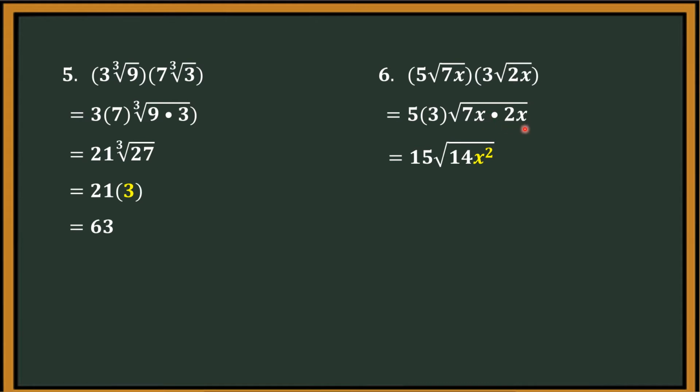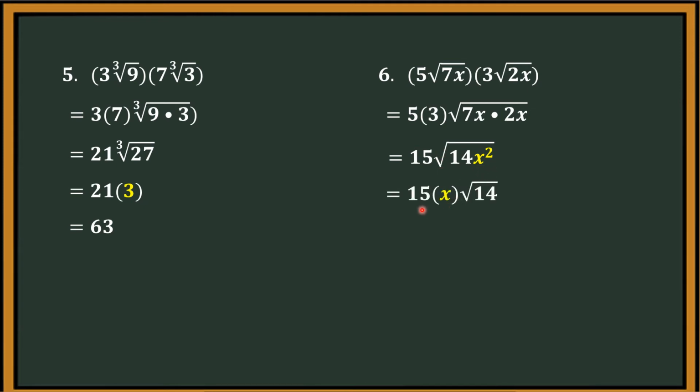So since same x sila, therefore, we just copy x and then we're going to add their exponents. So, that is why we have here 2. And then, mapapansin nyo, si x squared is a perfect square, kasi ang exponent na to ay divisible by its index, which is 2. So, pwede natin itong i-simplify.